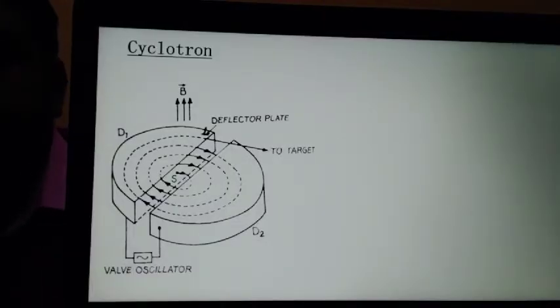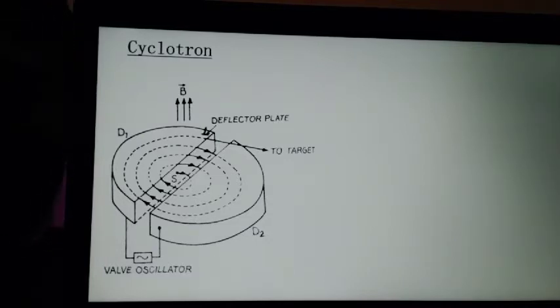The purpose of this cyclotron is to accelerate the positively charged particle provided by the source. Suppose, since we have connected D1 and D2 to a high voltage AC source, D1 is positively charged and D2 is negatively charged at a moment.